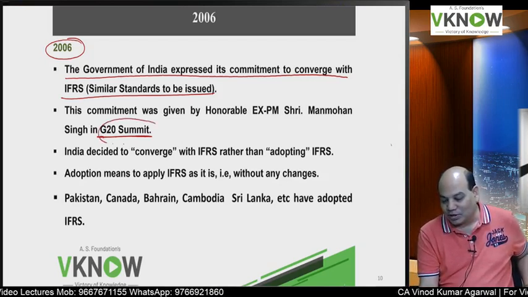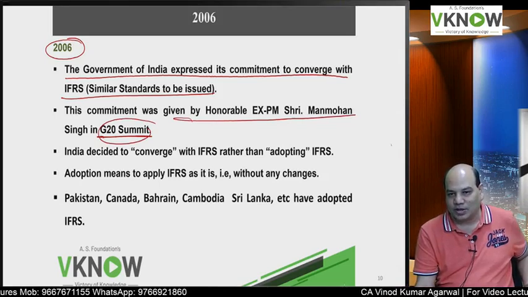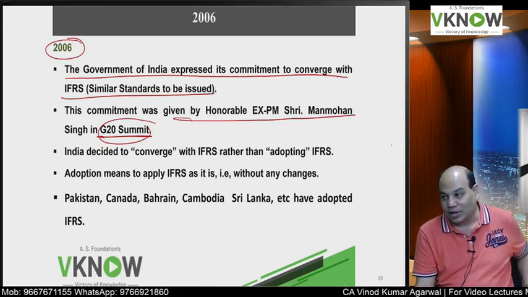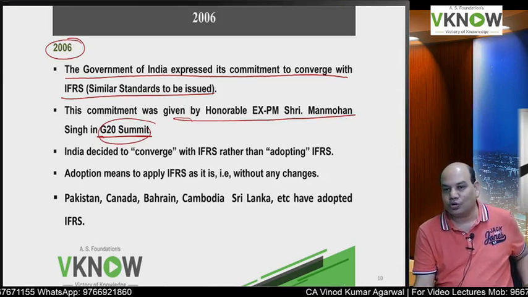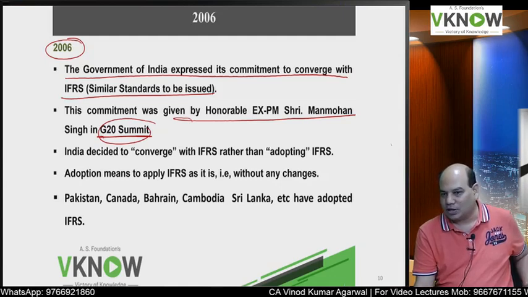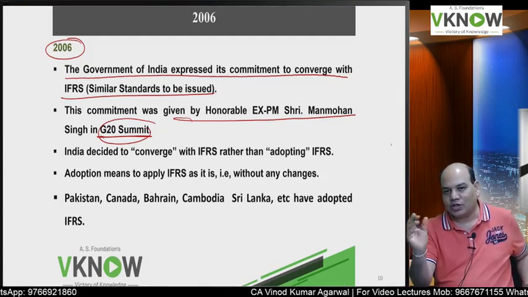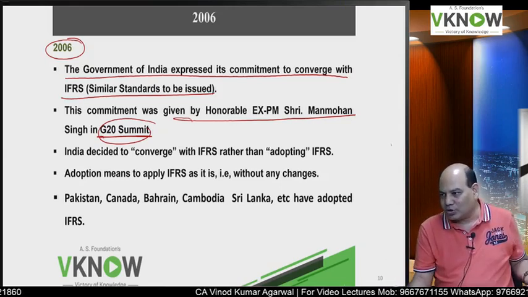So in the G20 summit, our Prime Minister Manmohan Singh committed that India will also either adopt or converge to IFRS. Because this was a complaint by the international investors that your financials are not trustworthy, reliable, comparable. So we don't want to invest in your country.